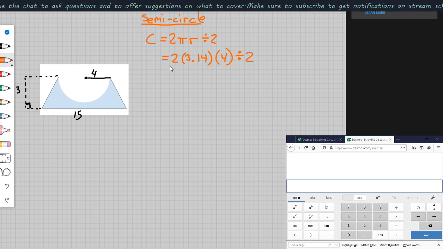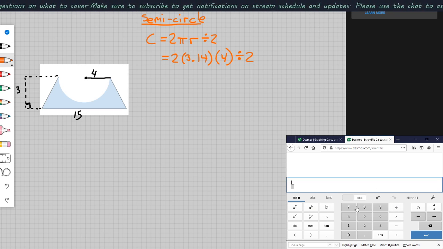Now some of you might catch on already, since we're multiplying by 2 and dividing by 2, they would cancel out, but if not, it's okay. So let's just put it all in one go. I'm going to press the division symbol to give me my fraction. I'm going to do 2 times 3.14 times 4 for the radius, divided by 2, and we get 12.56 for that circumference.